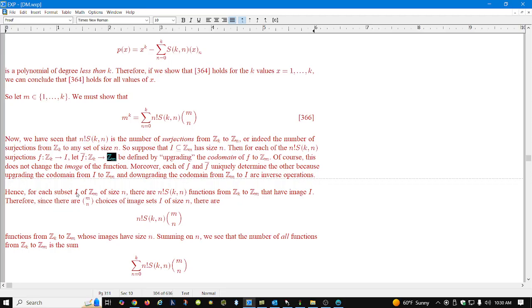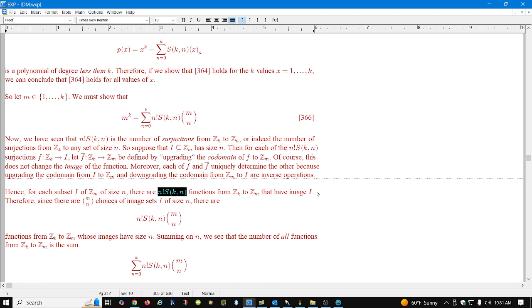Well, there are m choose n subsets of size n, okay, that we could use as images. And for each of these subsets, there are this many surjections from Zk to I, the image, and therefore there are this many functions from Zk to Zm that have I as their image, the upgraded functions.